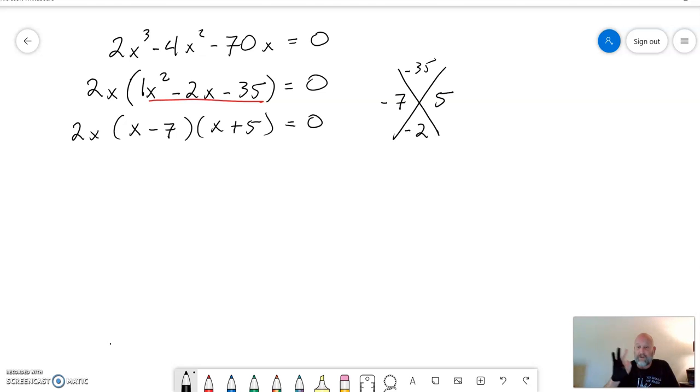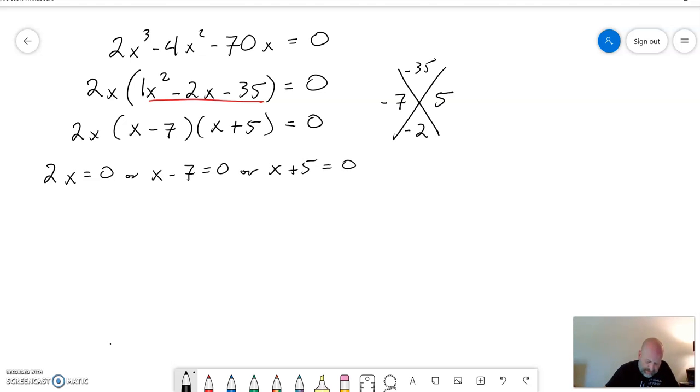So that means we're going to yield three solutions for this. So either 2x equals 0, x minus 7 equals 0, or x plus 5 equals 0. All we have to do is solve these three equations. So it's going to yield us three solutions.